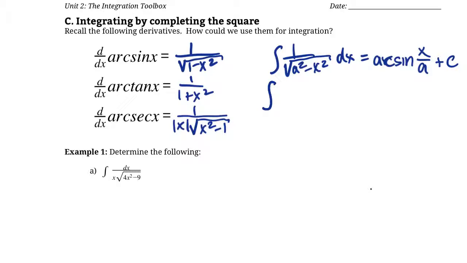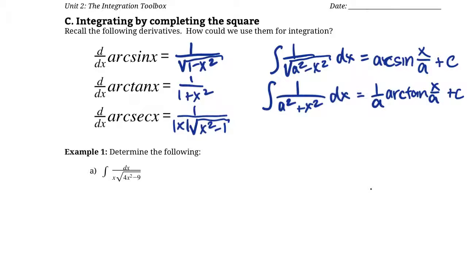The equivalent one for tan x is 1 over a squared plus x squared. Again, we're going to use the a because that value isn't always 1. Sometimes it's usually something else. And the pattern here is 1 over a arc tan x over a plus c. So there you go, very similar to this one over here.